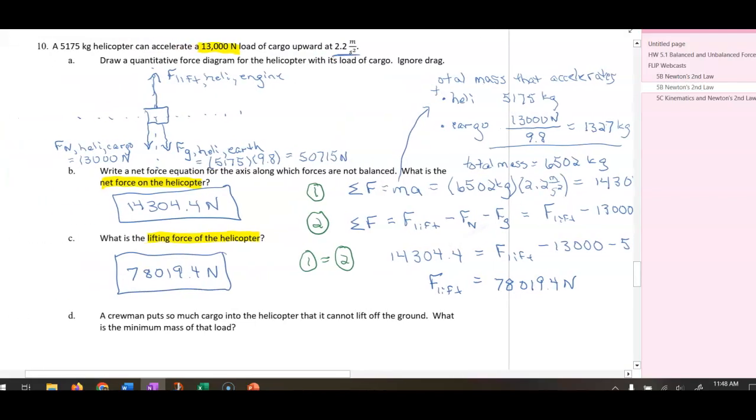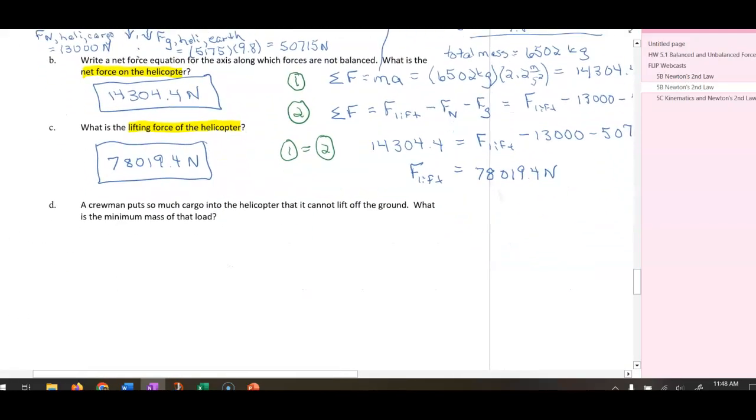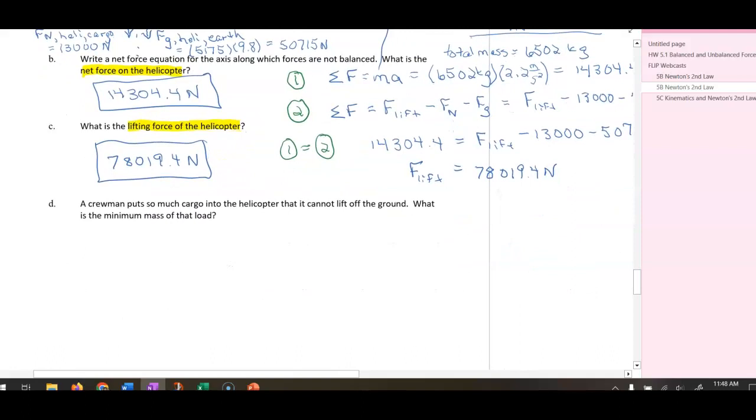Okay. Well, then the last part of this question says, a crewman has put so much cargo in the helicopter that it can't lift off the ground. If it really can't lift off the ground, it's stationary, right? It's not moving.